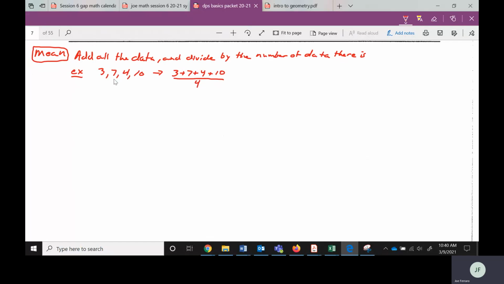There are 4 numbers in this list. When I add that up, that equals 24. Divide by 4. The mean, or what many people consider the average, is 6. So that's how you find the mean.